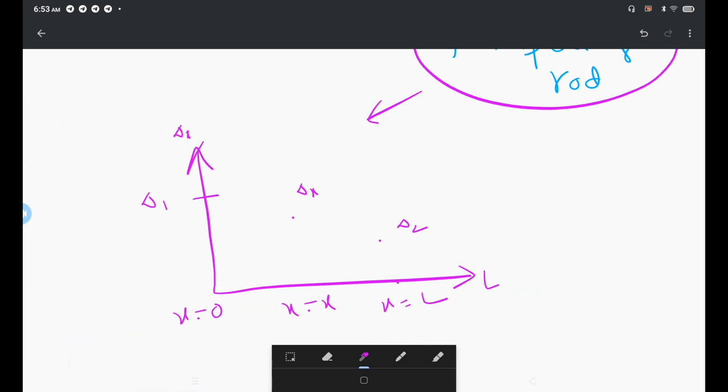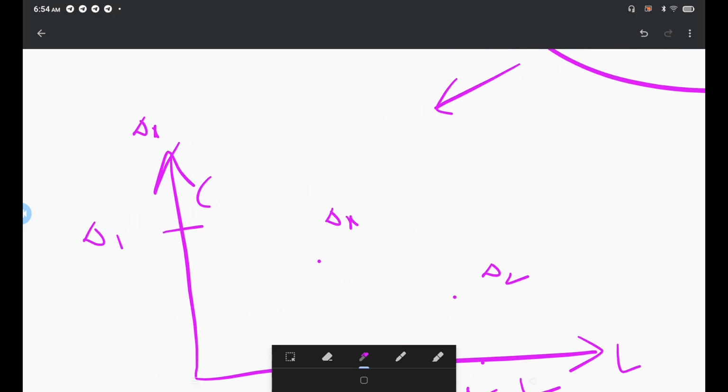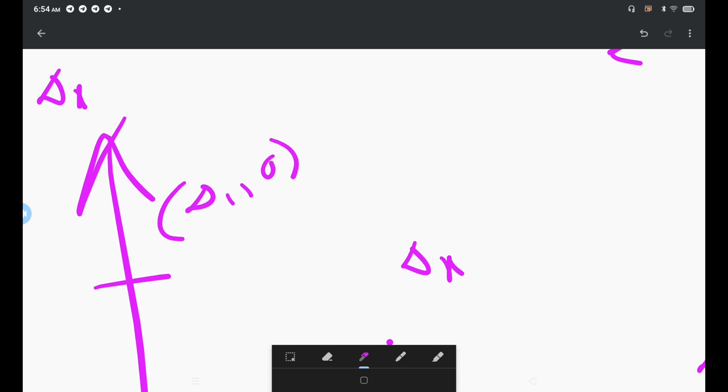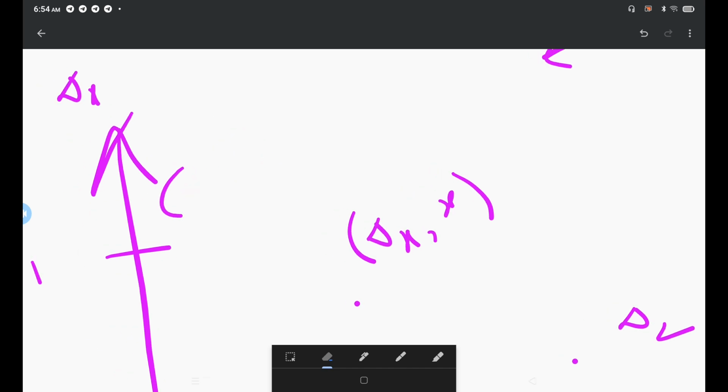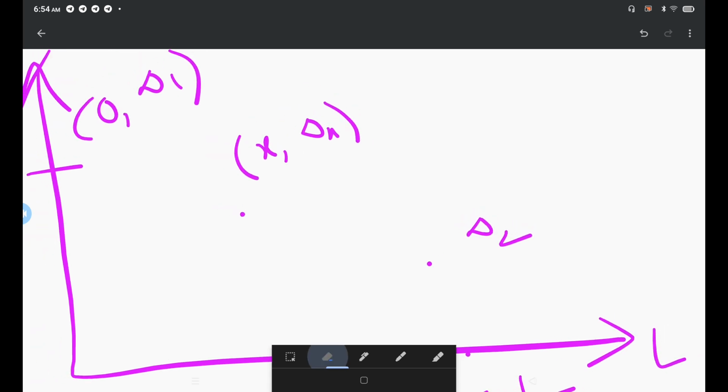If we join the coordinates, here the coordinates are 0 comma d1, here the coordinates are x comma dx, and here the coordinates are L comma d2.